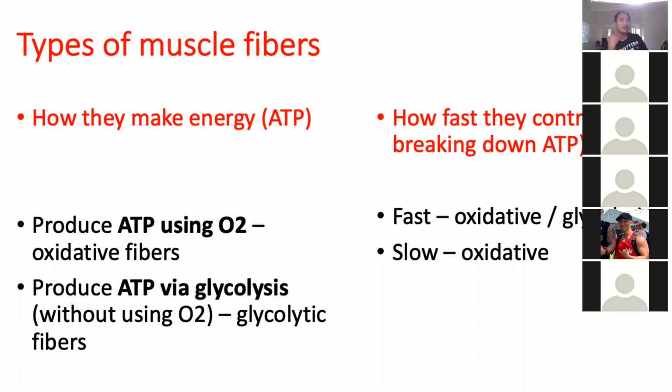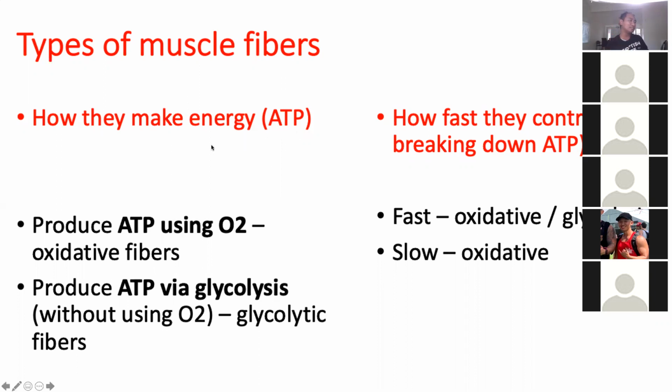So let's start from the easy bit, more interesting and more clinically oriented, more human related. So we said we have two types of muscle fiber, or in other words, we can classify muscle fibers into two ways.